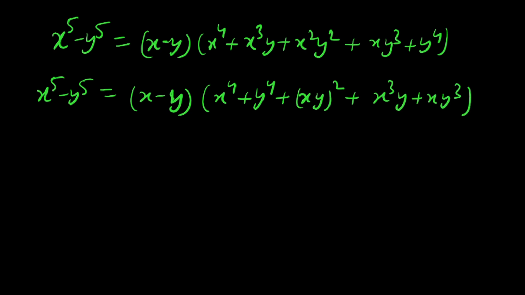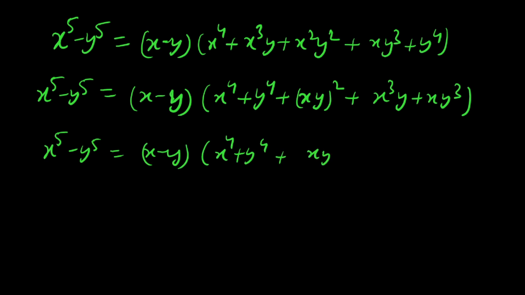Now look carefully, x power 5 minus y power 5 equals x minus y times x power 4 plus y power 4 plus x times y squared plus, look carefully at these terms, if we take x times y common, then you will get x squared plus y squared.